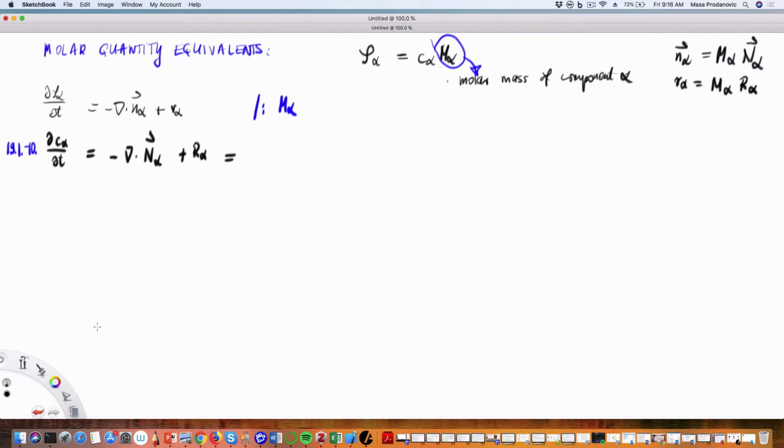So this is C alpha v star, and this is my uppercase J alpha star. This is the molar version of the flux, plus R alpha.